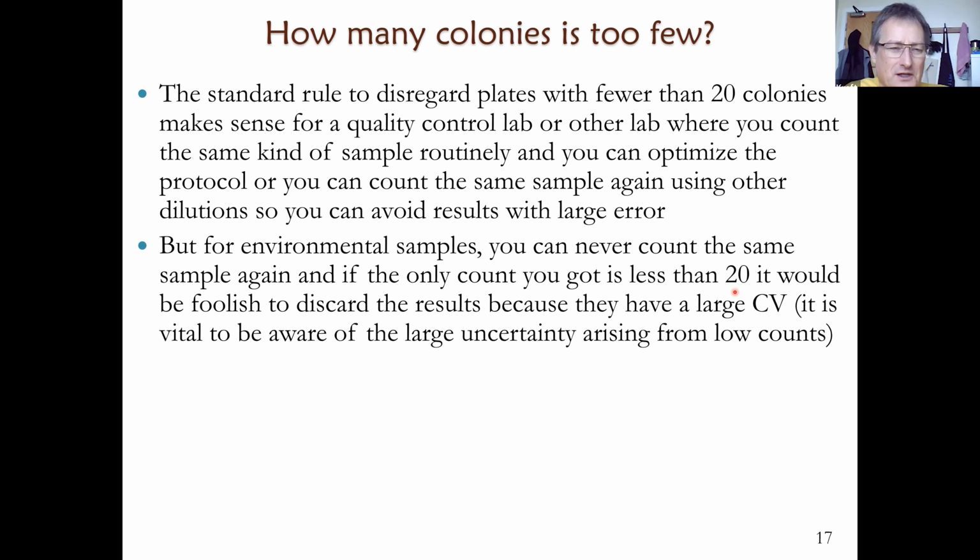This is caused by the cells being in a random location, because you have mixed your sample, obviously, before doing the dilutions, and you're mixing the dilutions while you're doing them. So the cells are in a random location when you're sampling them, and that means you will have the Poisson distributed error from this sampling, where the error is given by this equation, the square root of the mean.